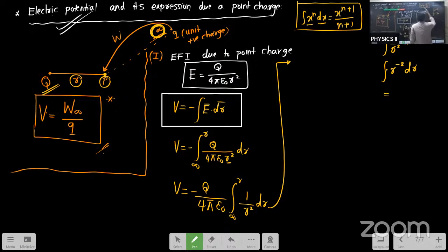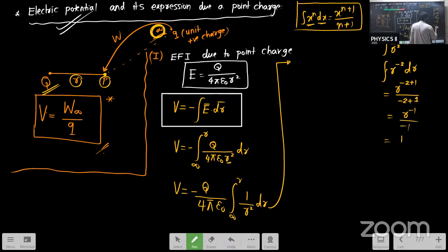In place of x, R is there. R power minus 2 plus 1 divided by minus 2 plus 1. So this will become R power minus 1 divided by minus 1.